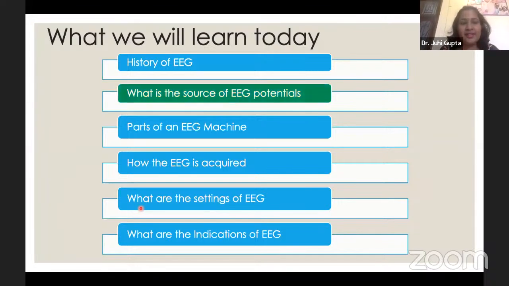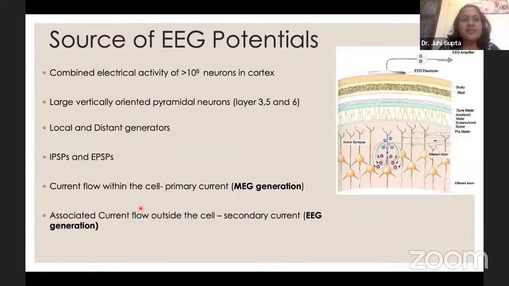So coming to the next part, what is the source of these electric potentials recorded from the scalp? It is the combined electrical activity of more than 10⁸ neurons in the cortex, which are vertically arranged in the layers 3, 5, and 6. And of course, there are local generators of these spikes and there are distant generators.